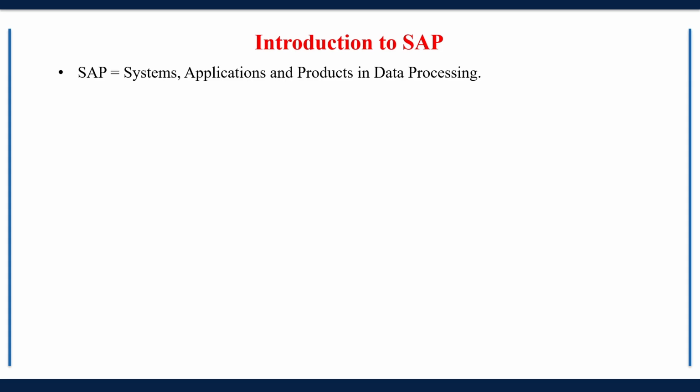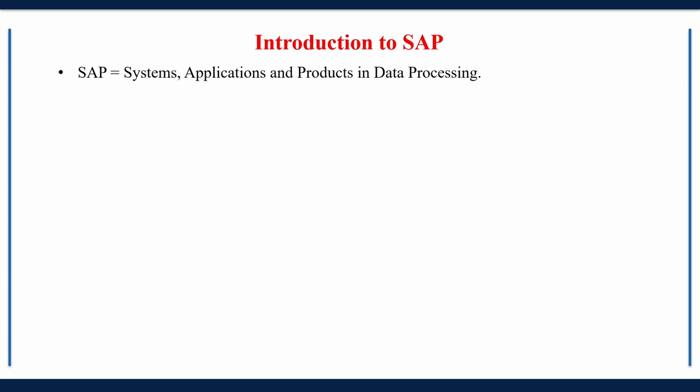SAP is a major enterprise software company. It produces software as ERP, which integrates business processes such as finance, sales, purchasing, inventory, and production. One most important point to understand is ERP and SAP.